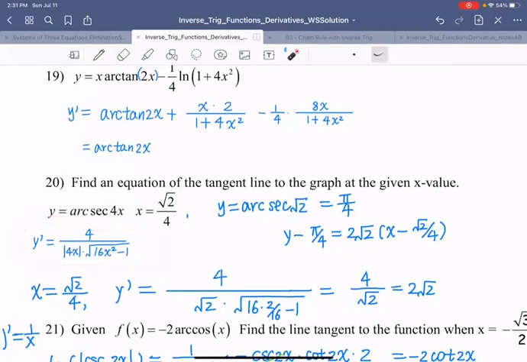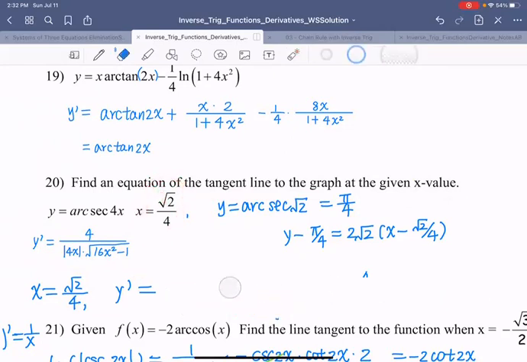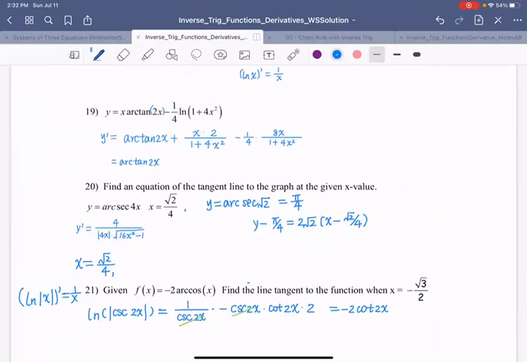Now they ask you, find the equation of the tangent line at the given x value. So let's make x equal this and figure out how much, okay? Let's go ahead. So when we plug that in, we get 4 over square root of 2 over 4 times 4.